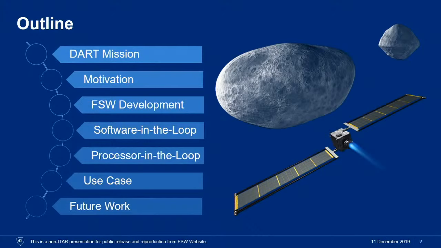So we'll go over those briefly. And then we'll also talk about what DART has done up to this point regarding our flight software in the loop testing environment and our processor in the loop, or PIL, testing modality. And finally, we'll just go over a use case and discuss some of the future work that we're planning to do with this technology.